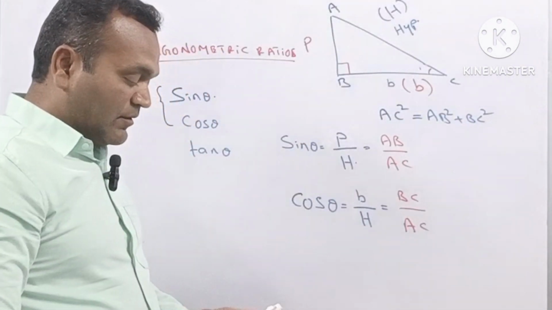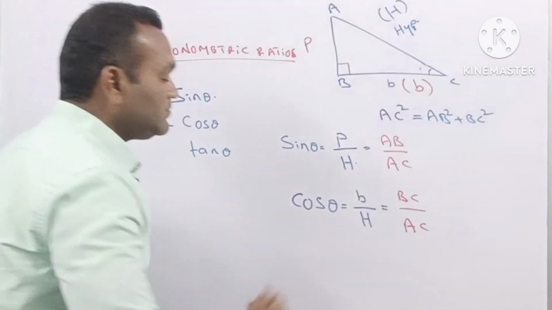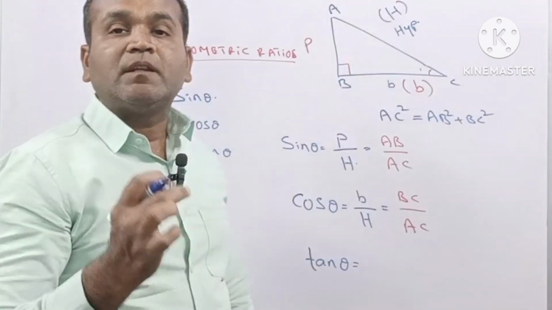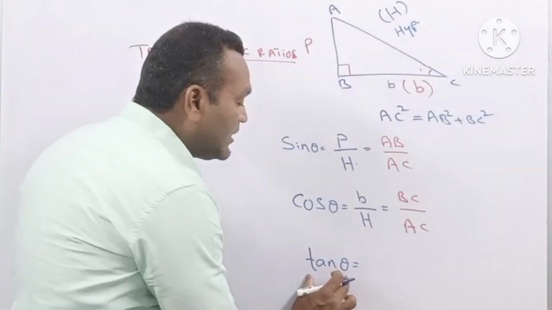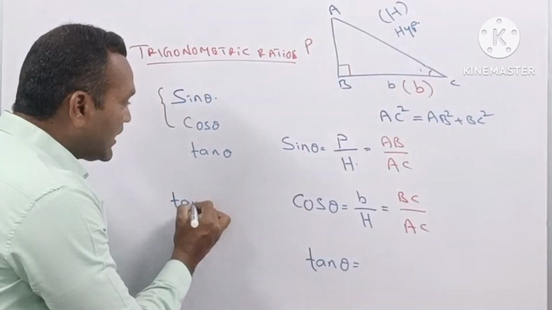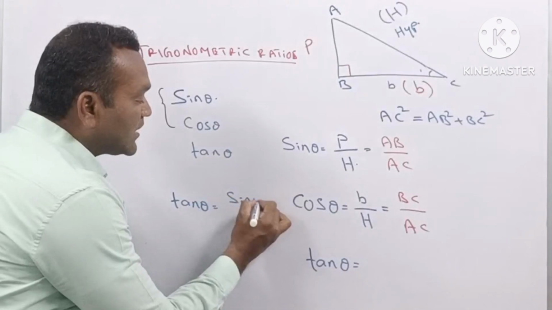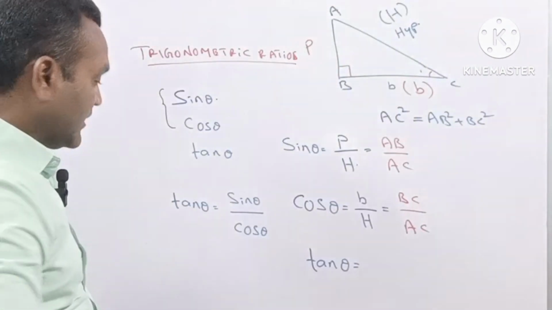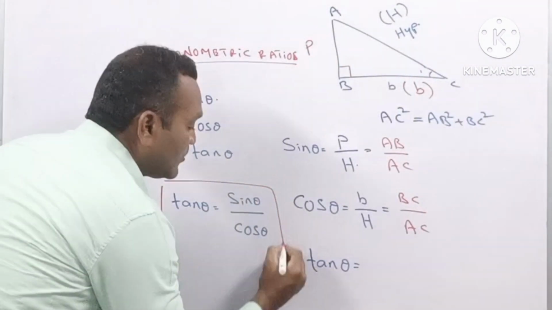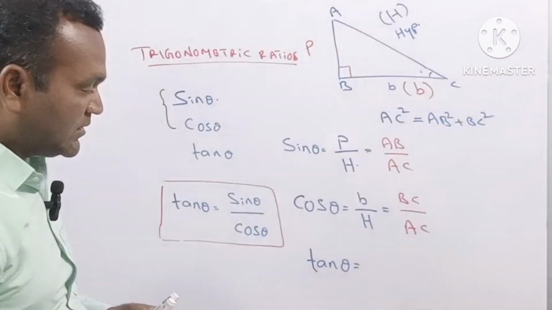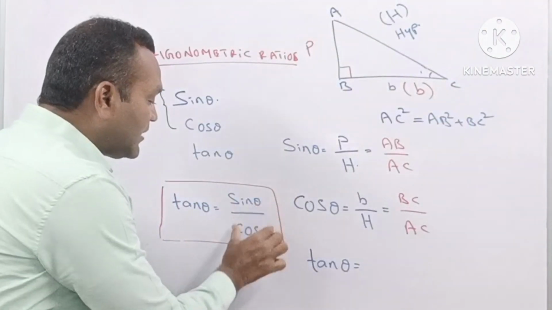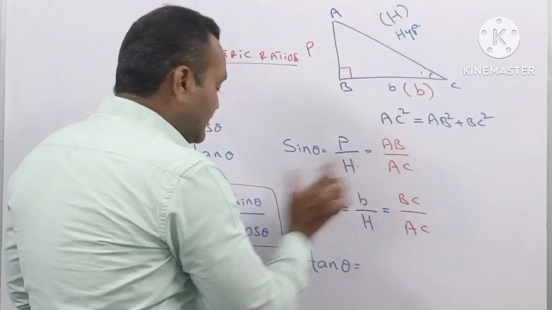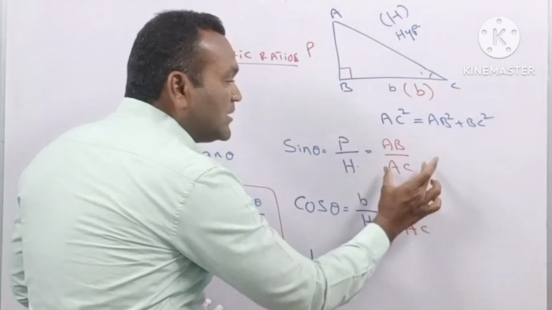Then the next term is tan theta. We will learn a formula now. Tan theta is always sin theta upon cos theta. Sin theta divided by cos theta. I will put this in a rectangle box. If I divide this value by this value, AC gets cancelled.